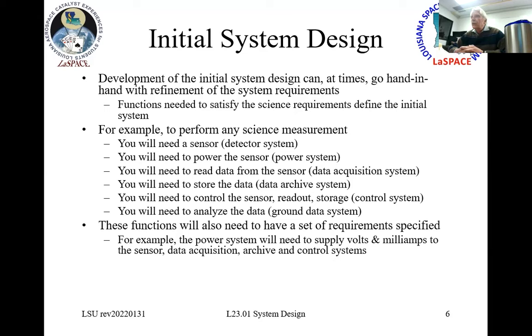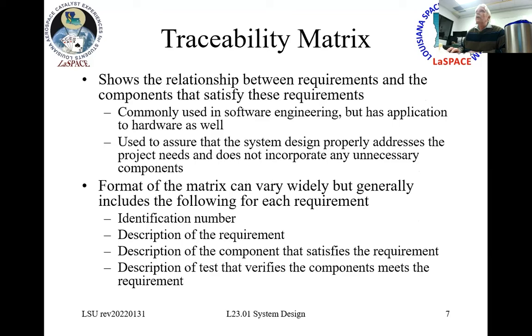You also need a ground data system. All of these functions have to have a set of requirements, for your sensors, your power system, et cetera, as to what it is that you need.